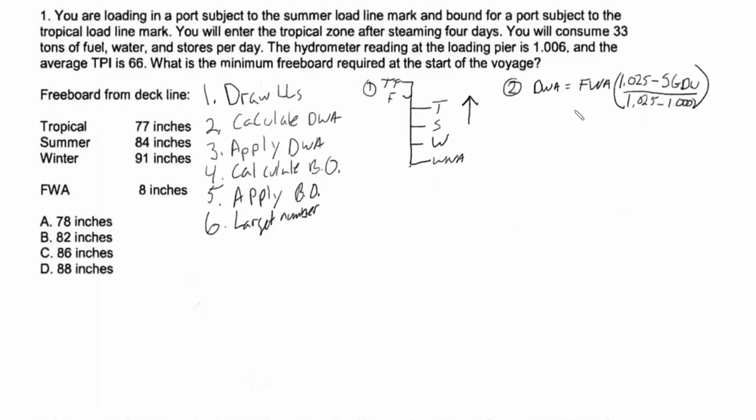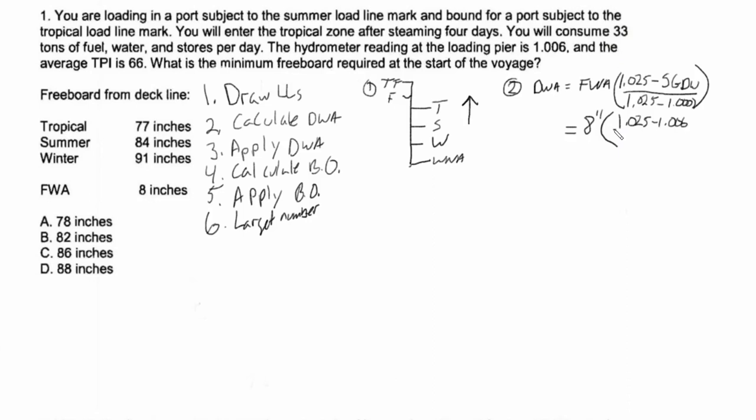So let's just actually input some numbers now. The freshwater allowance is given to us in the problem. That's 8 inches. So I'm going to put 8 inches here. And by the way, when we finish this, the dock water allowance is going to be in inches. And then I'm going to go 1.025 minus 1.006. That's the specific gravity of the water that I'm in, given in the problem.